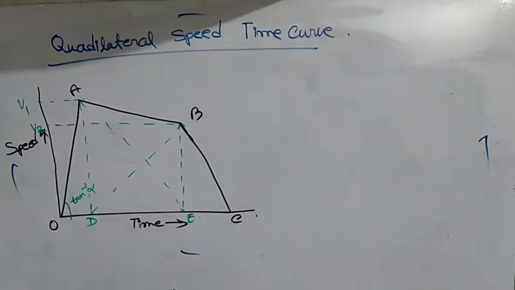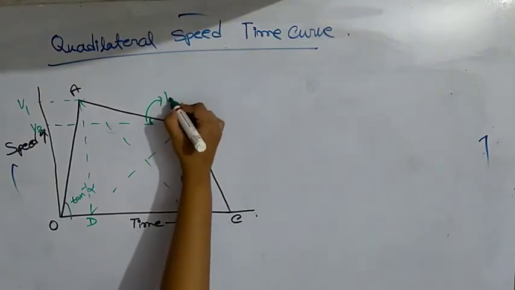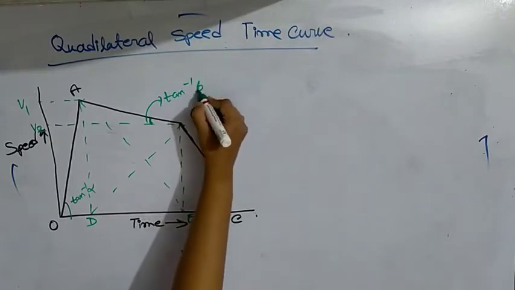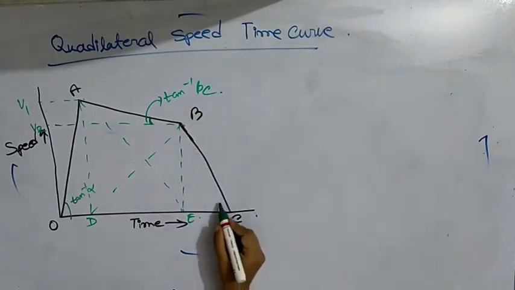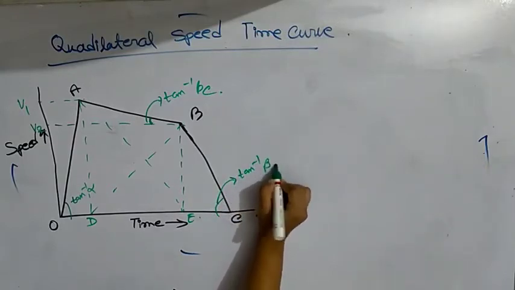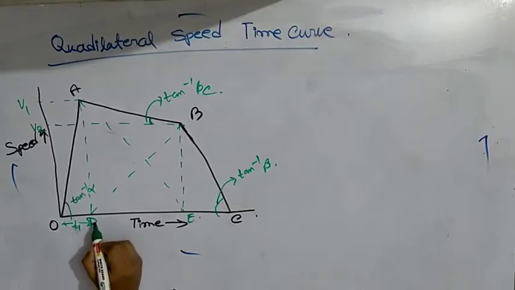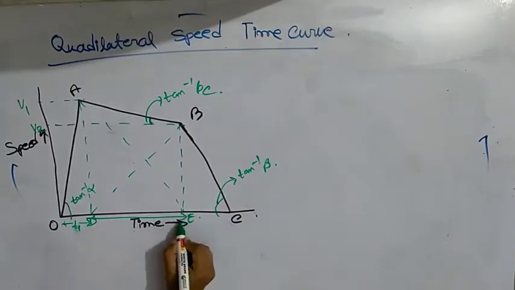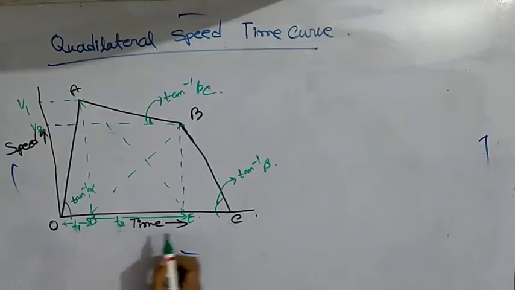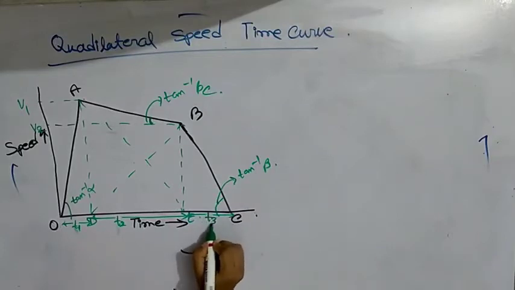This angle is tan inverse alpha, and this angle is tan inverse beta c. And this angle is tan inverse beta. This is time t1, this is time t2 and this is time t3.